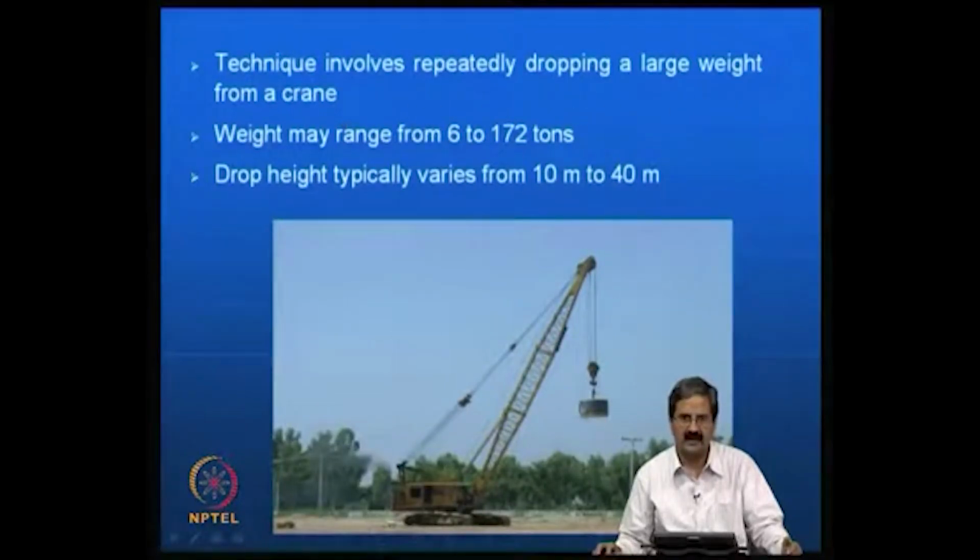Say for example, you see a crane here and a weight here. You can design what weight you want, and the weight ranges from 6 to 170 tons. Drop height varies typically from 10 to 40 meters.